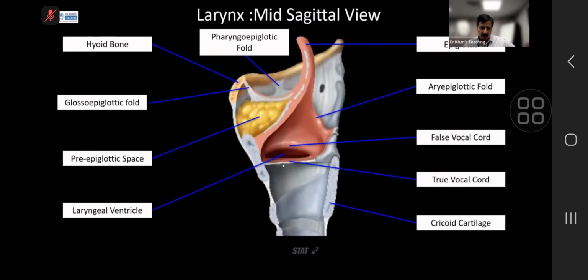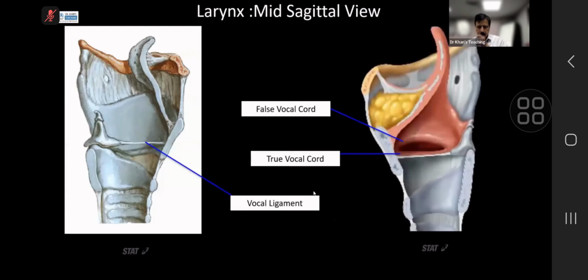Inferior to the true cord level, from here till here, is the infraglottic larynx. Same thing here, and say this is the false cord.